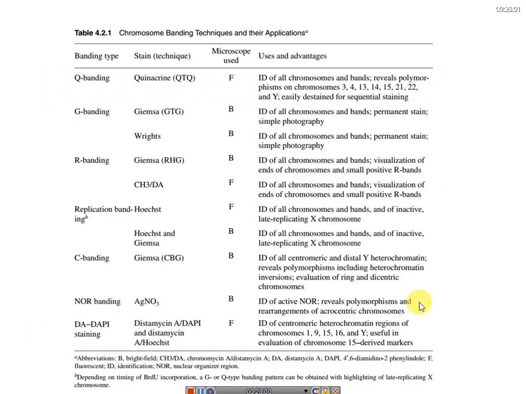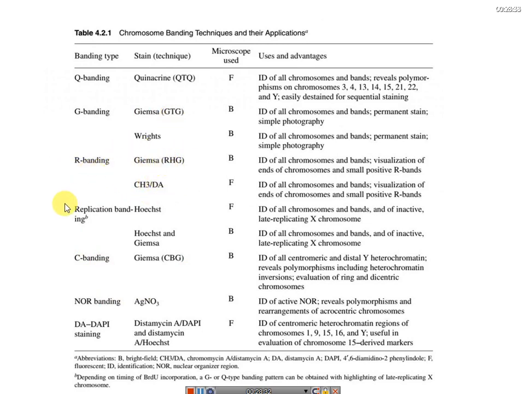This table gives you a summary of different banding types. Other than Q, G, R, C, and NOR banding, there are replication banding and DAPI staining methods also. In these banding types, as we already studied, in Q banding we use quinacrine, and in G banding, R banding, and C banding we use Giemsa.